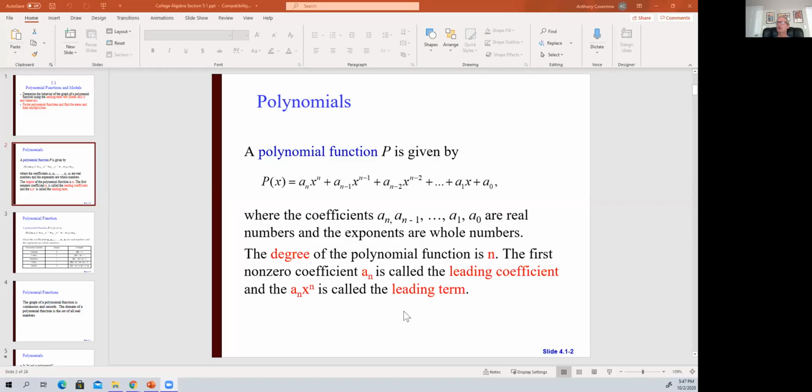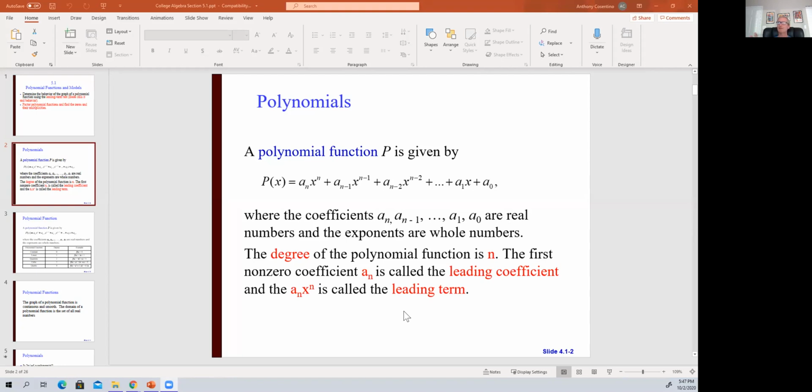So the first thing we want to do is to introduce this concept of a polynomial function. Sorry about that. I'm trying to click the right button. There we go. So here is our definition of a polynomial function. And it's like, look at all this. Well, these ideas are really important.